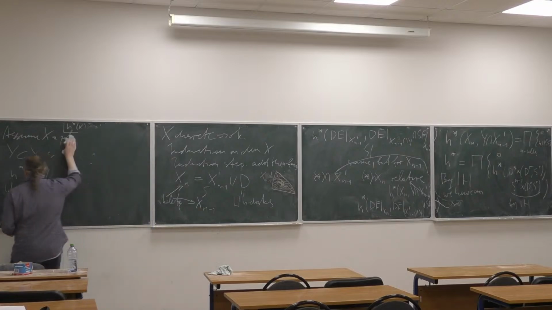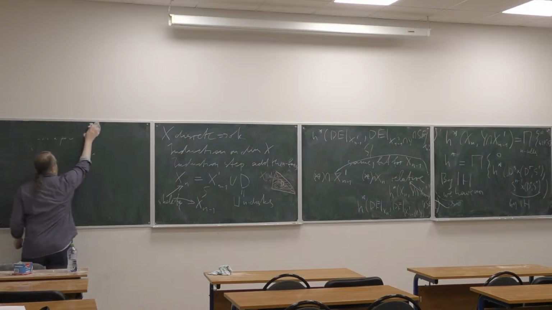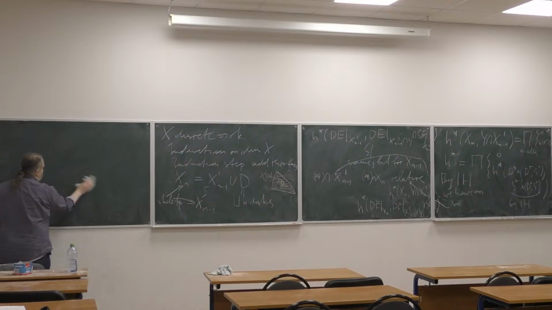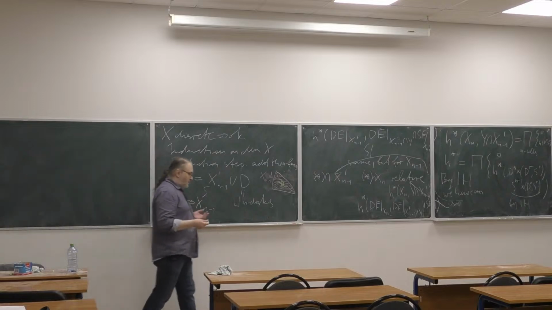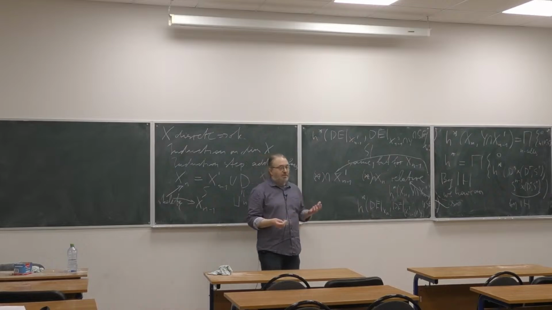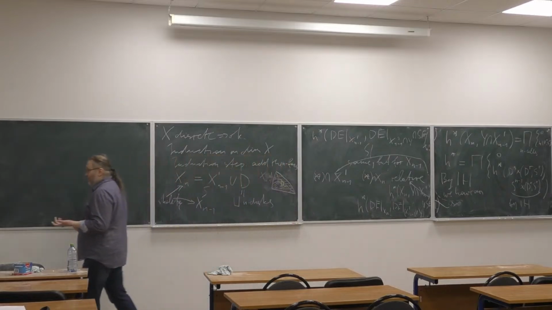Let me briefly explain how to pass from finite dimensional spaces to infinite dimensional spaces. So the homology commutes with direct products, but the cohomology doesn't.